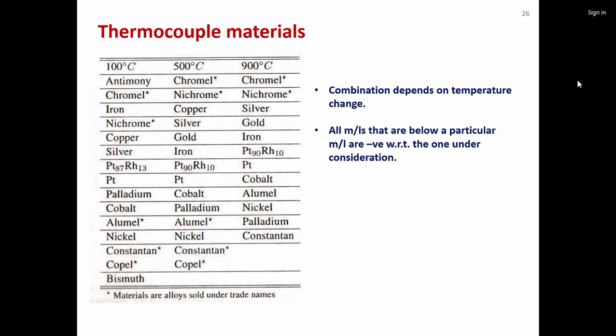When you pick copper and constantan, let's say, it says that all materials that are listed below a particular material are negative with respect to the one under consideration. So that means if you consider copper, all other materials that are listed below copper are negative with respect to copper.